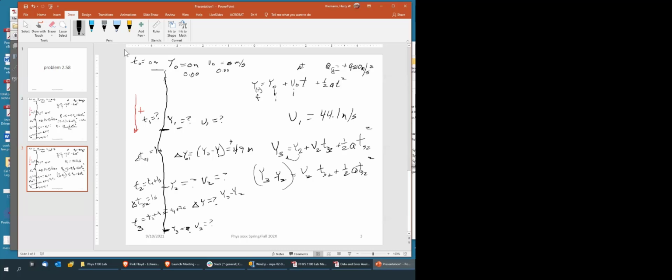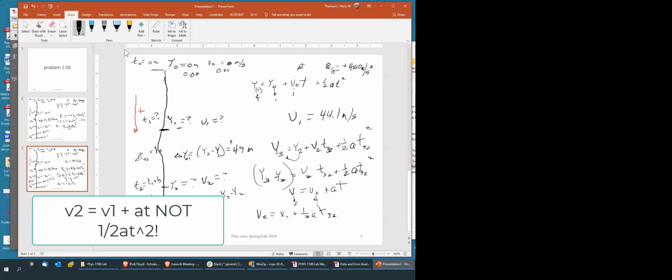but we can get v2 from the other magic equation that says v equals v sub 0 plus at. So we think of this as the final, this is the initial, and we know the rest. So that says to me that v2, the final, equals v1 plus a t32.